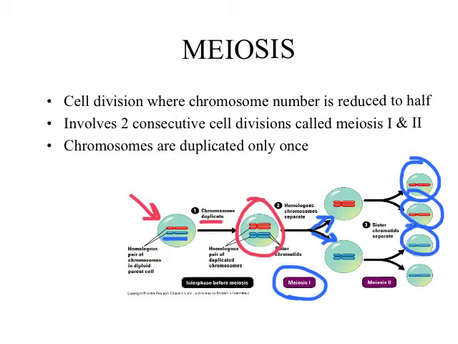So we're going to get 4 different cells actually at the end of meiosis, and they're each going to have a single sister chromatid that is going to be able to hook up with the homologous chromatids from the other organism in order to make a diploid zygote or diploid offspring.